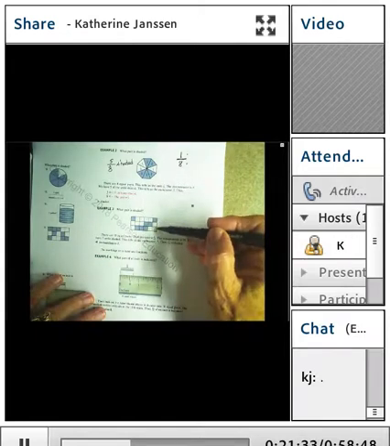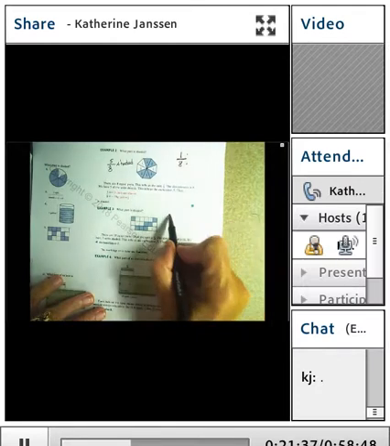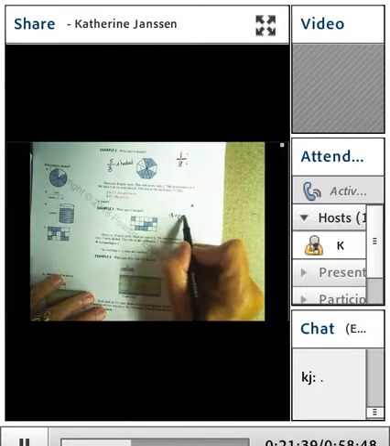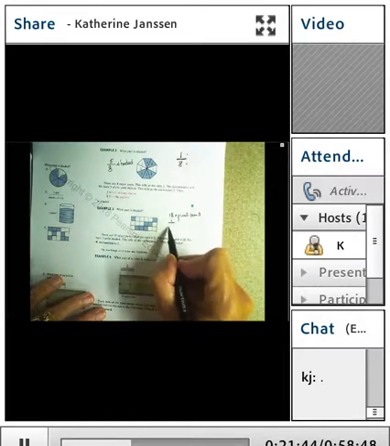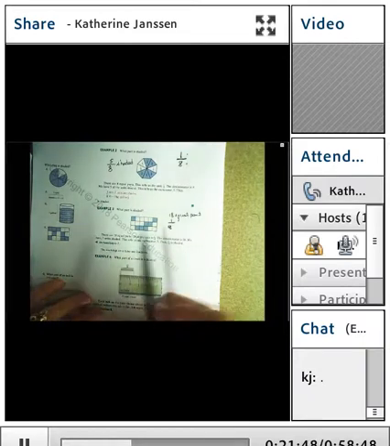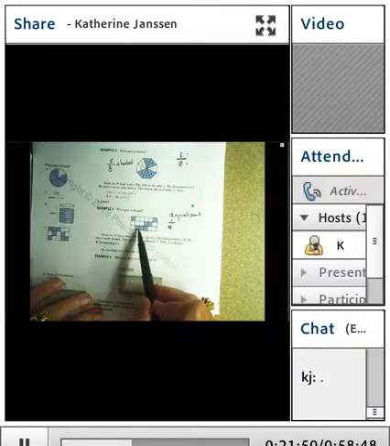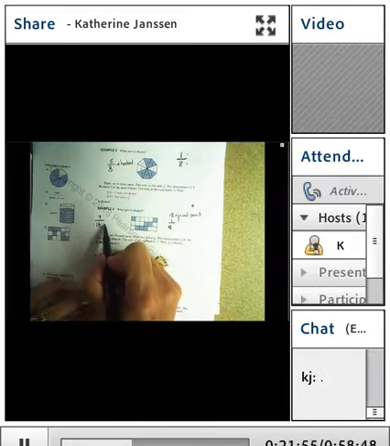So 3 times 6 is 18. So we have 18 equal parts. Each part is 1/18. And the shaded part is 1, 2, 3, 4, 5, 6, 7. So we have 7/18 shaded.